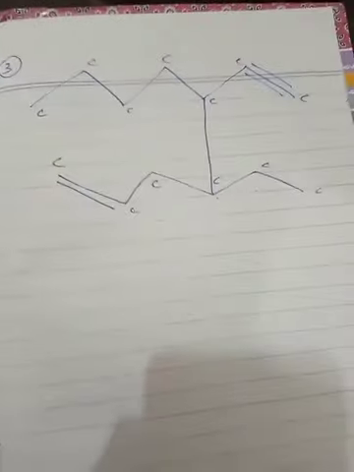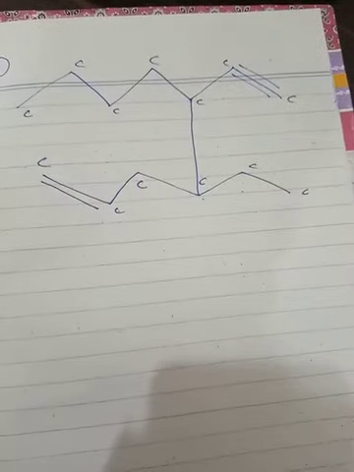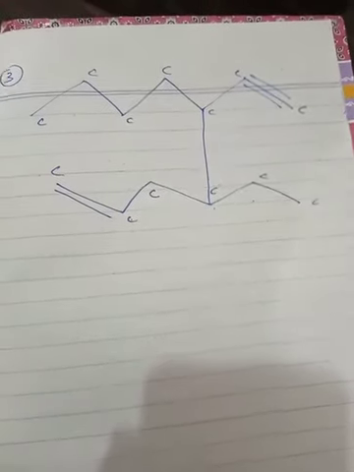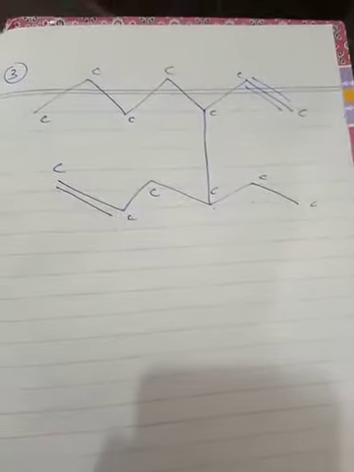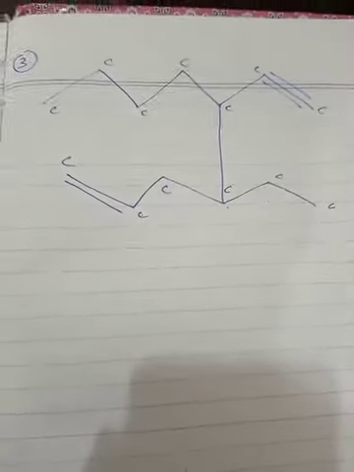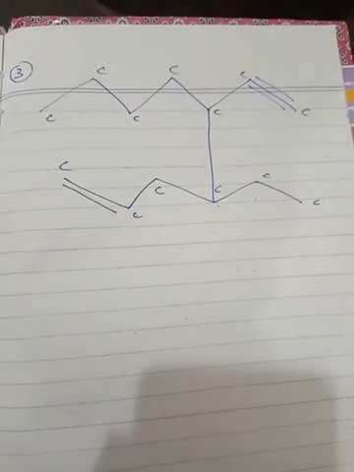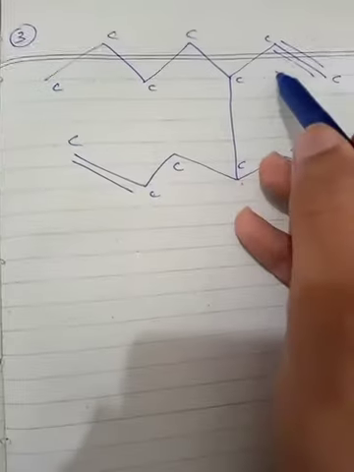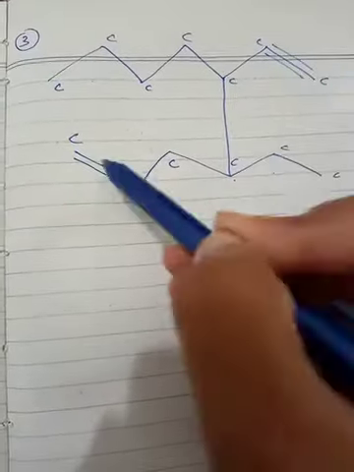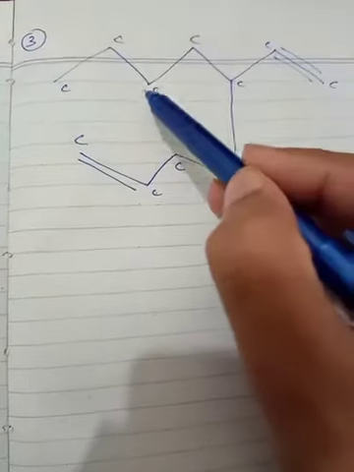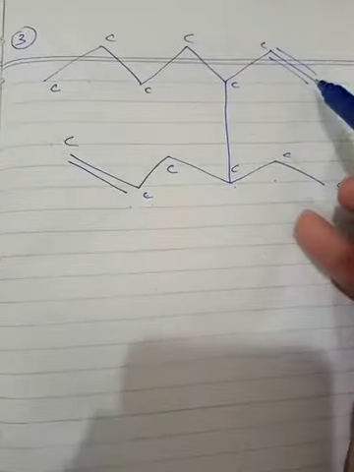Select the longest carbon chain. Now first you have to check whether a triple bond or double bond is included in the longest carbon chain. If it is included, well and good. If not, then it's not necessary to select it. Now you can see the triple bond is not involved in the longest carbon chain.